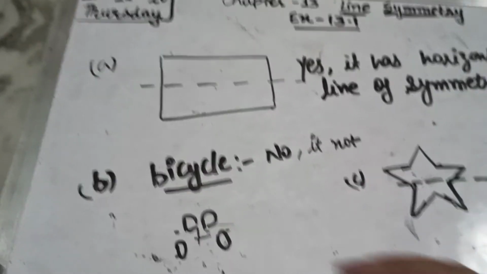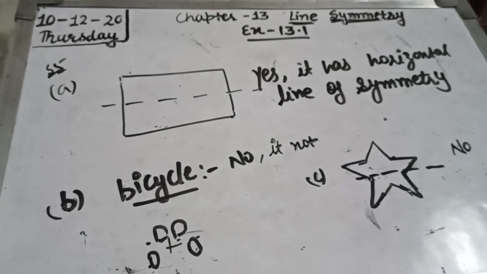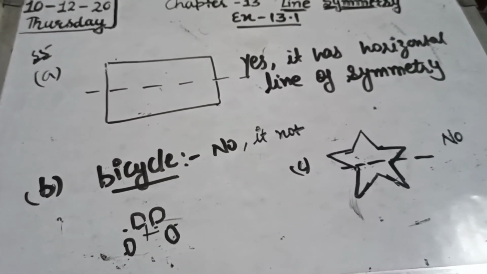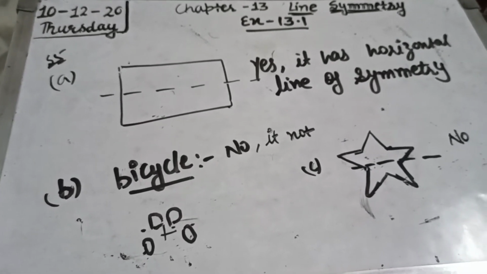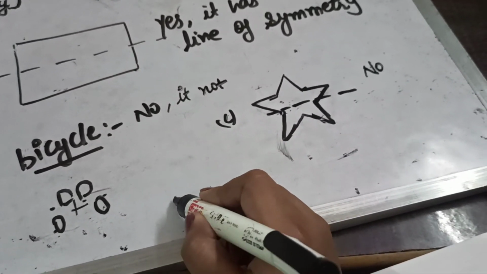After that, this one is S5. S6 is: construct a line segment of length 5.8 centimeter and draw its line of symmetry. So what will you do?